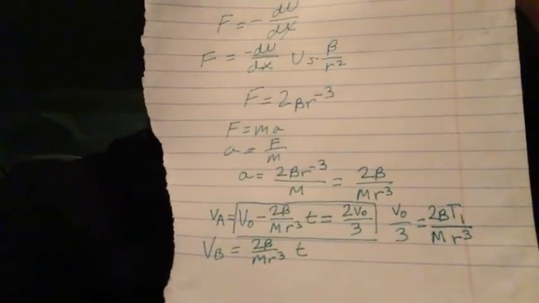And what I did there was I just subbed t1 in for t. So this is what I have so far. It's just to the right of that box. And now if we isolate r cubed completely, we get that r cubed is equal to 6 t1 beta over v0 m.